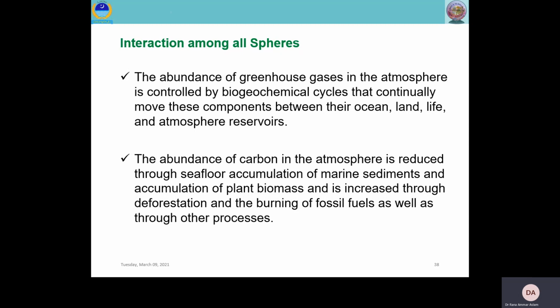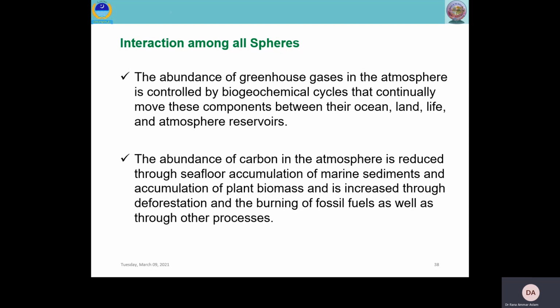These are not the only components shared among or used by all spheres, but there are also some other components. But to make you understand this concept of interactions, greenhouse gases are just taken as an example, right? So the use of greenhouse gases in all spheres is an example of interaction of all spheres, right?